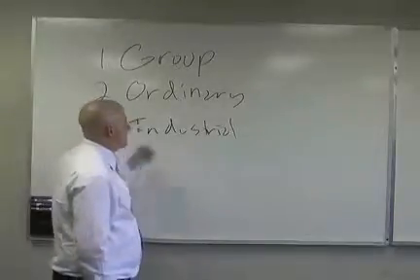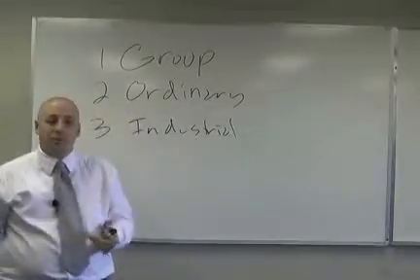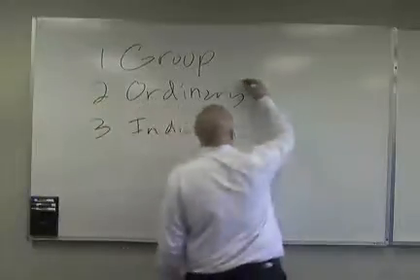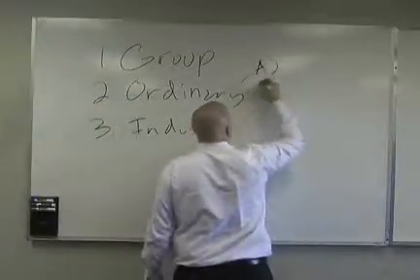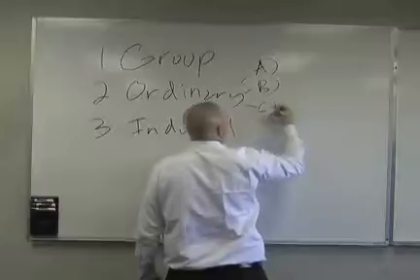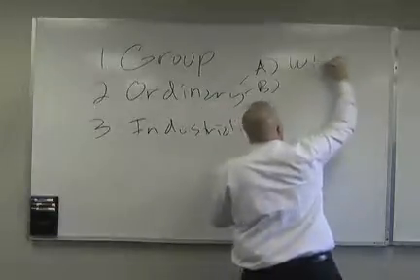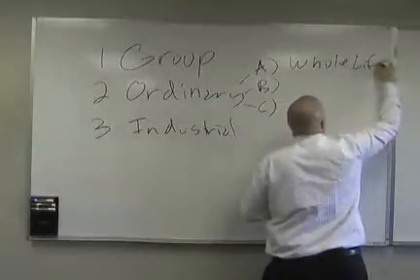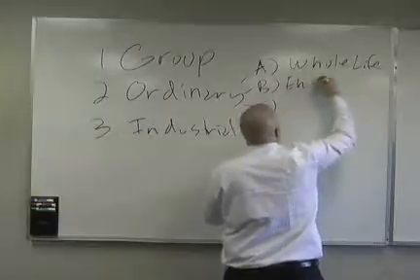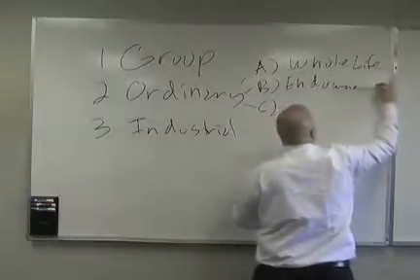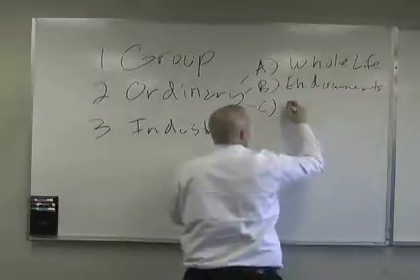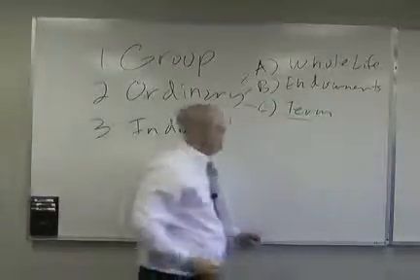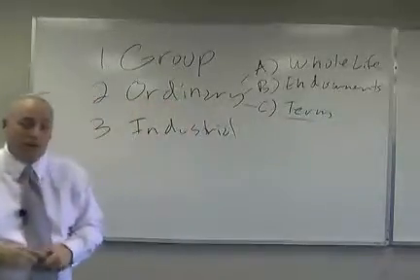Ordinary life insurance, there's actually three different types of ordinary life insurance. So we'll use these letter designations here to go over them. We have number 1, whole life. Number 2, endowments. And number 3 is term. Okay, so those are our three types of ordinary life insurance.